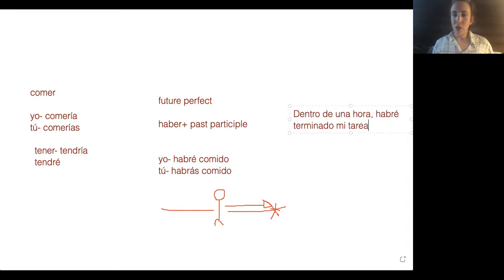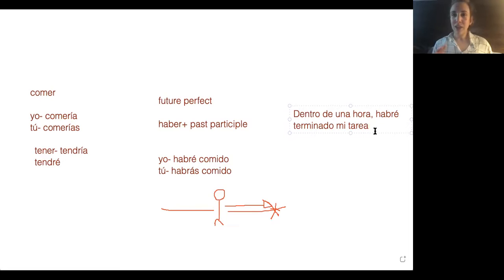Here the event is in an hour, right? And what will have happened by that time. Just pay attention to that. You always need an event and what will have happened by then.